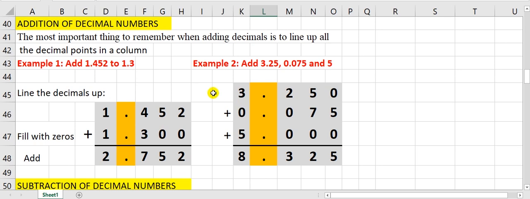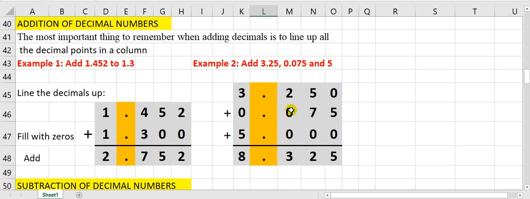Okay. Another example here. Here are three numbers. 3.25 plus 0.075. Sometimes we call 0 'O'. 0.075, and integer 5. So we put here the one which has more decimal places, the larger one.